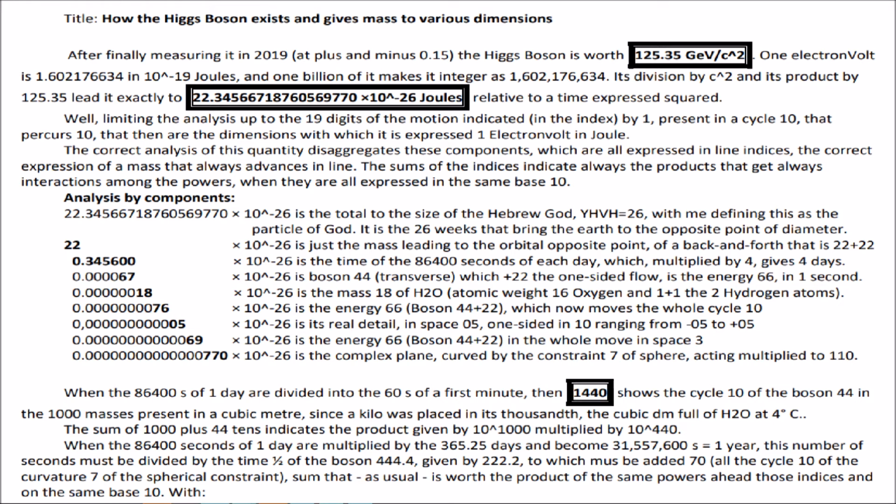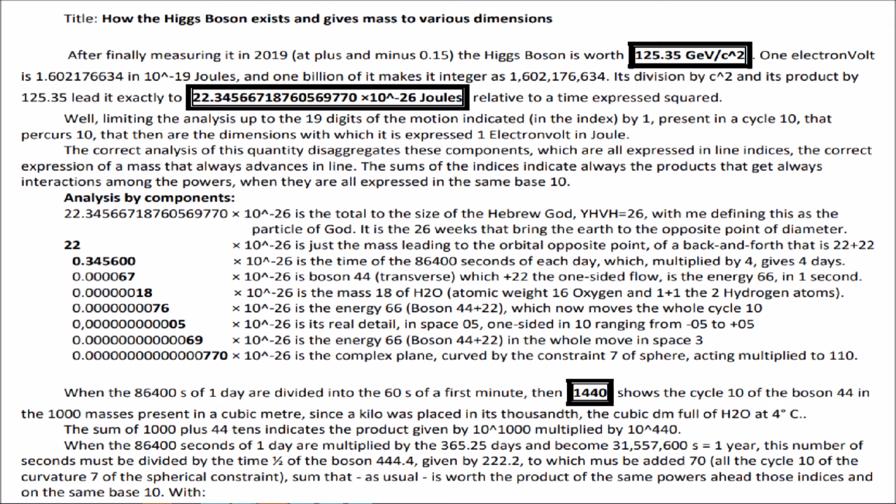Afterwards 205 times 10 to the power of negative second of the atomic units, multiplied by 10⁻²⁶, is the real detail of its space, in space 05, one-sided in 10 ranging from -05 to +05.